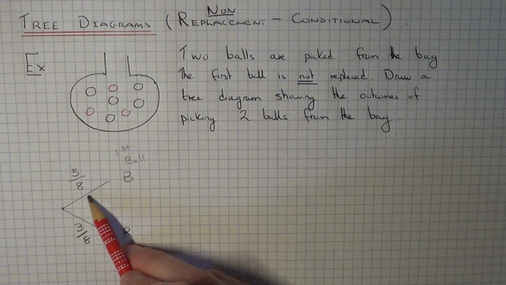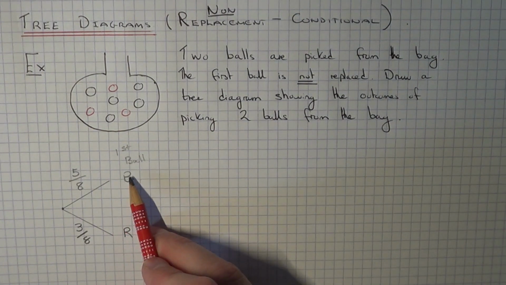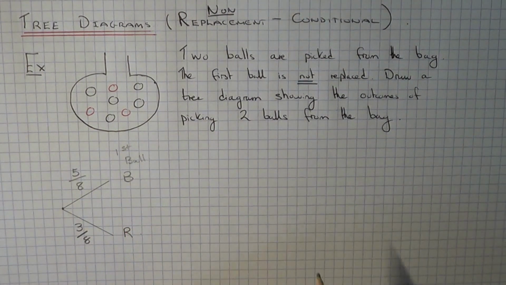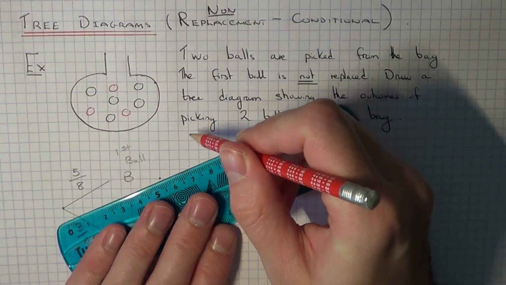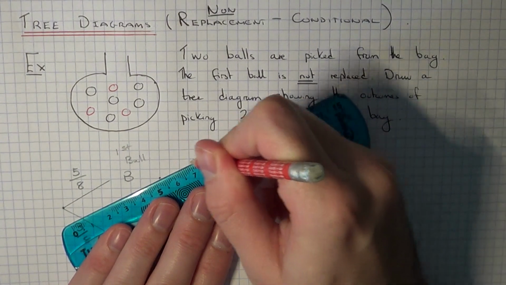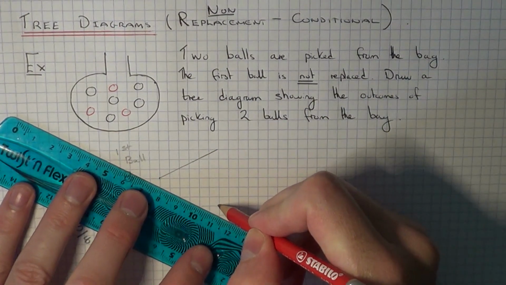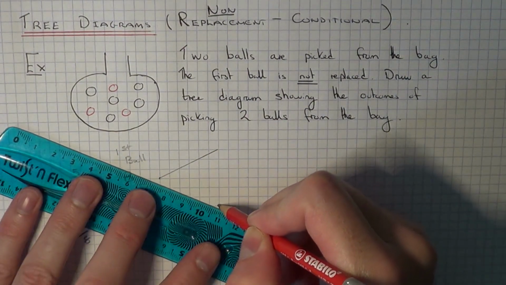Now let's continue our top route first of all. I've picked out a black ball, so for our second ball which we pick out, we can now draw another 2 branches.